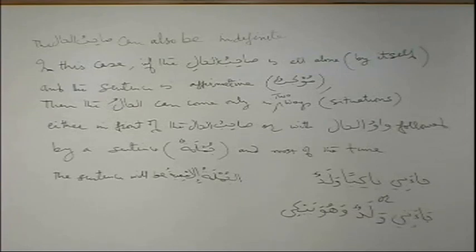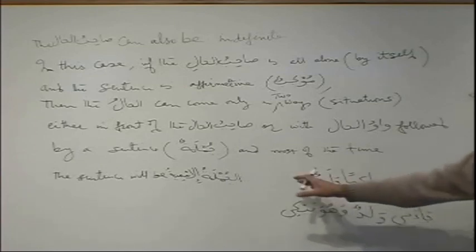So Dr. Sahib has given the example, Ja'ani sa'ilan talibun. A student came to me asking. I have changed that in a different way. I've said, Ja'ani waladun. A boy came to me.